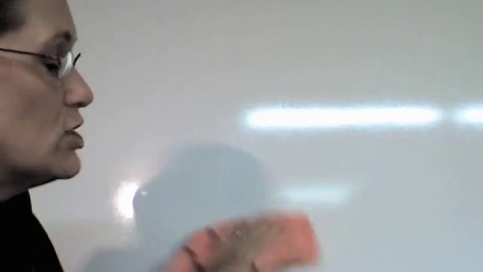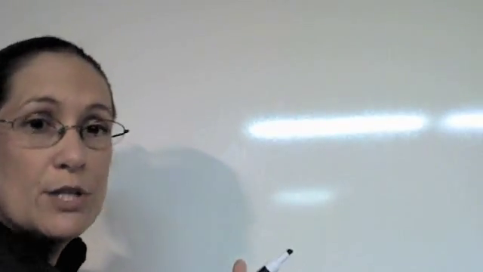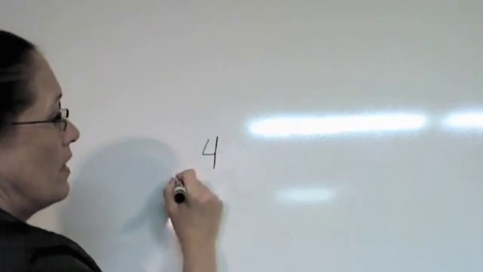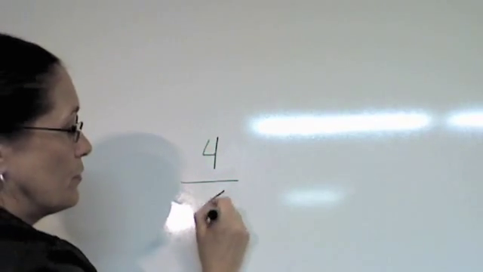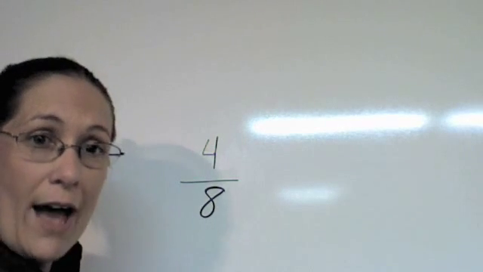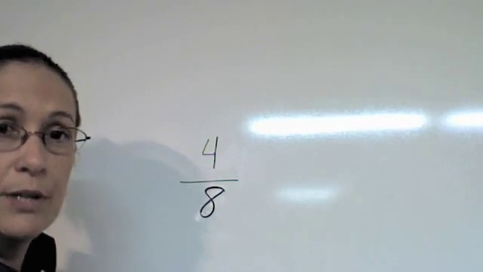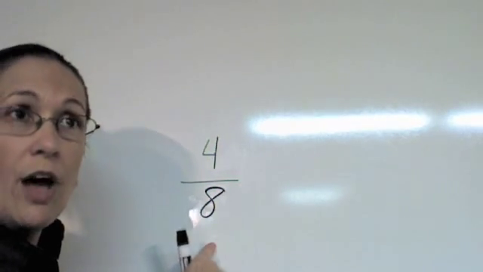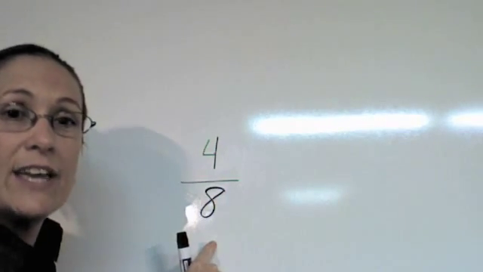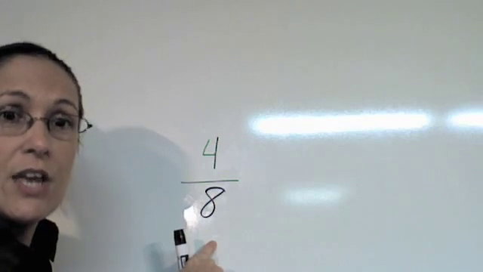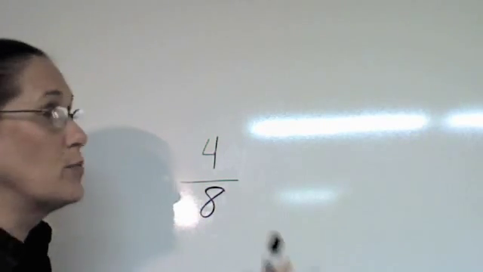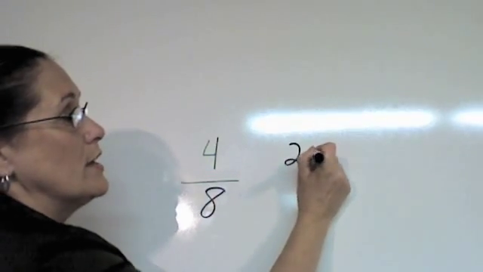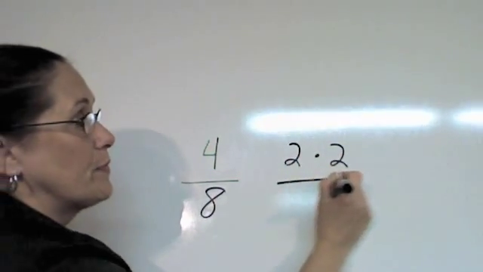Now we want fractions to be down into what's called the simplest form or lowest terms. 4/8 is a fraction, but it's not in its simplest form. If you write each of the numerator and the denominator into prime factors, then it's very easy to see how to reduce this. We can rewrite 4 as 2 times 2.